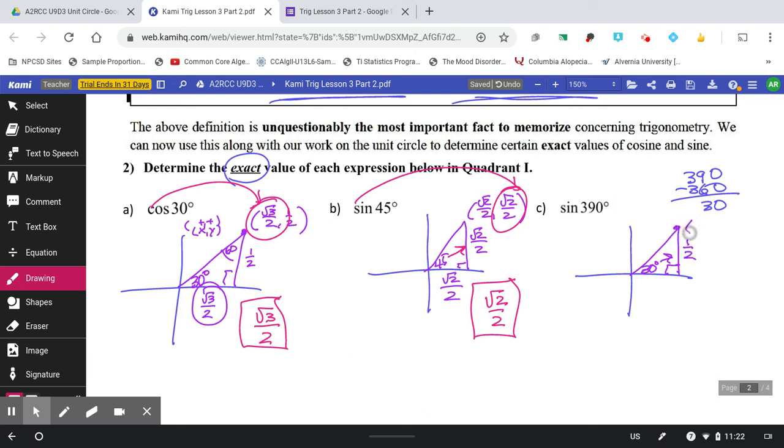The coordinate here, since this is radical 3 over 2, is radical 3 over 2, 1/2. That's what we were doing last class, just coming up with the coordinate. This is really the same lesson, where we're taking it one step further and showing that because the sine is that y value, it's going to be 1/2. Now there are some practice questions to do, so you can go ahead and do those.